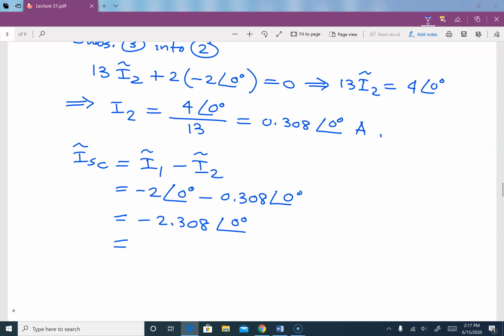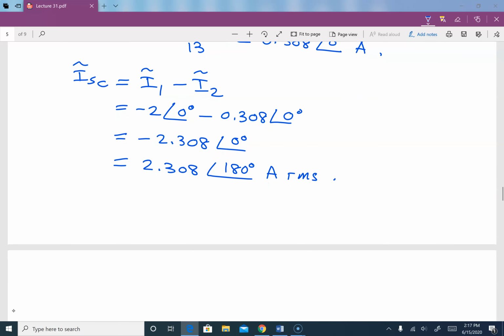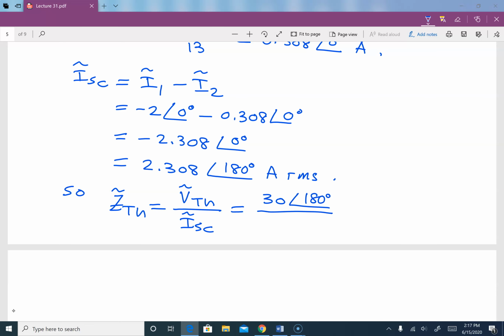However, that is equivalent to 2.308 with angle 180 degrees ampere RMS.